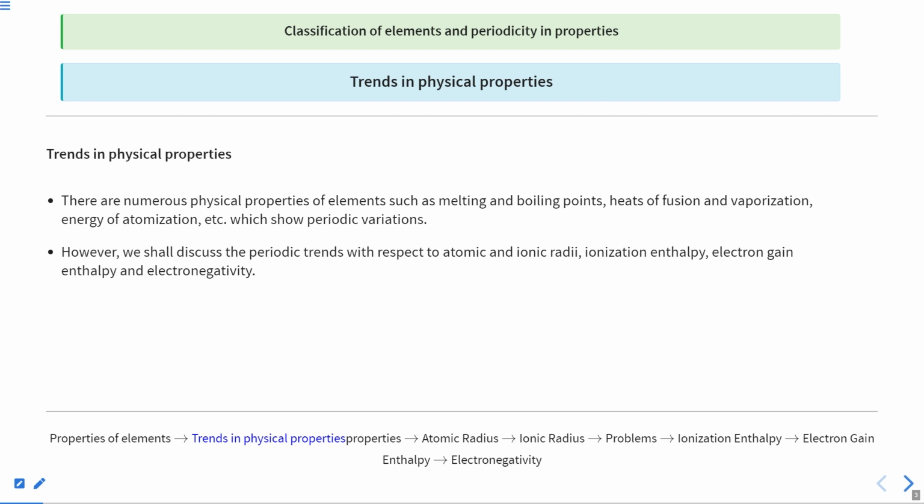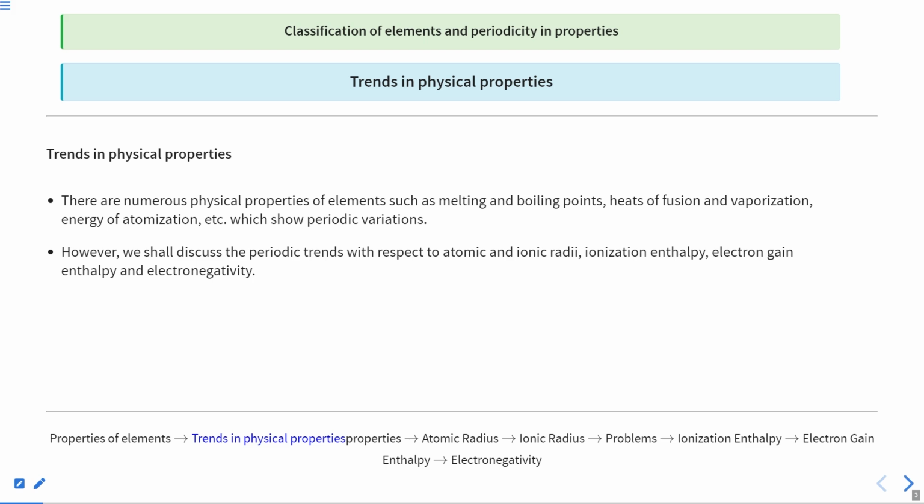There are numerous physical properties of elements such as melting and boiling point, heats of fusion and vaporization, energy of atomization, which show periodic variation, right? However, we shall discuss the periodic trends with respect to atomic and ionic radii, ionization enthalpy, electron gain enthalpy, and electronegativity.